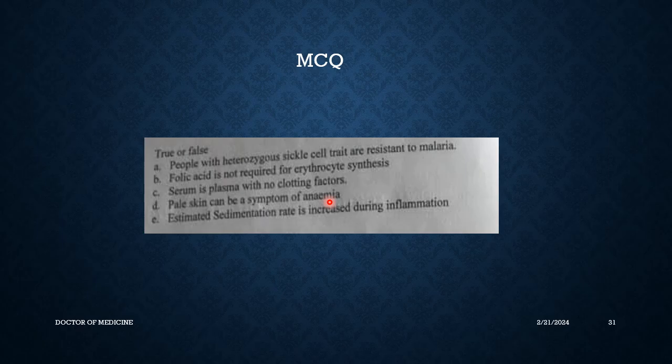So an inflamed person has clumps of erythrocytes. So a clump has an increased weight than a single red blood cell. So clumps of erythrocytes easily sink to the bottom. So the erythrocyte sedimentation rate is increased. So this is true.